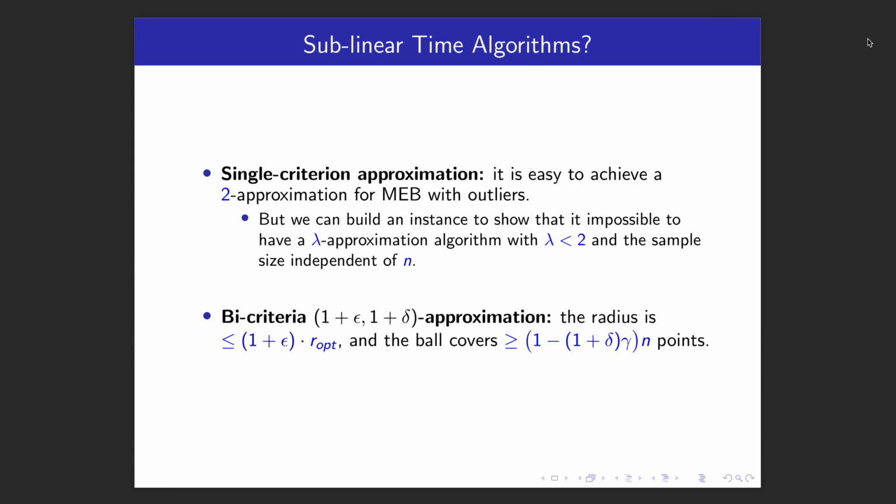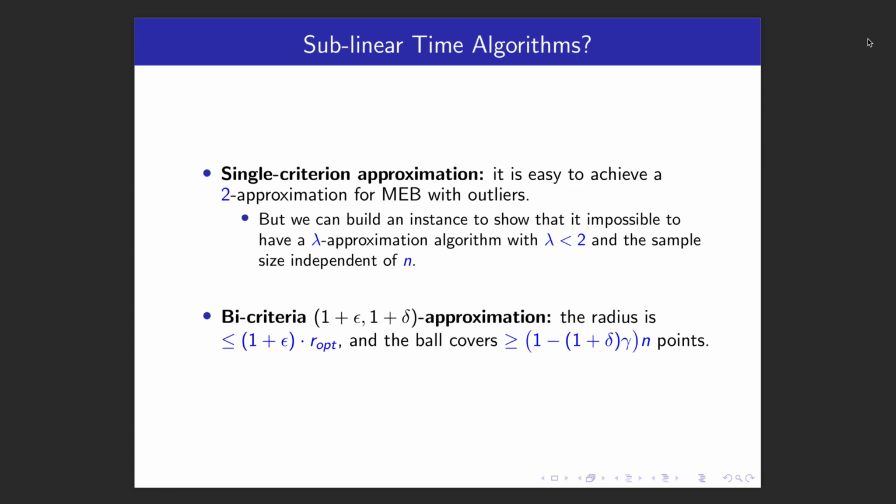So if we use the triangle inequality, we know this point will result in a 2-approximation. So it's a very easy idea. But in our paper, we build an example to show that it's impossible to achieve an approximation ratio less than 2 if we require the sample size to be independent of n.